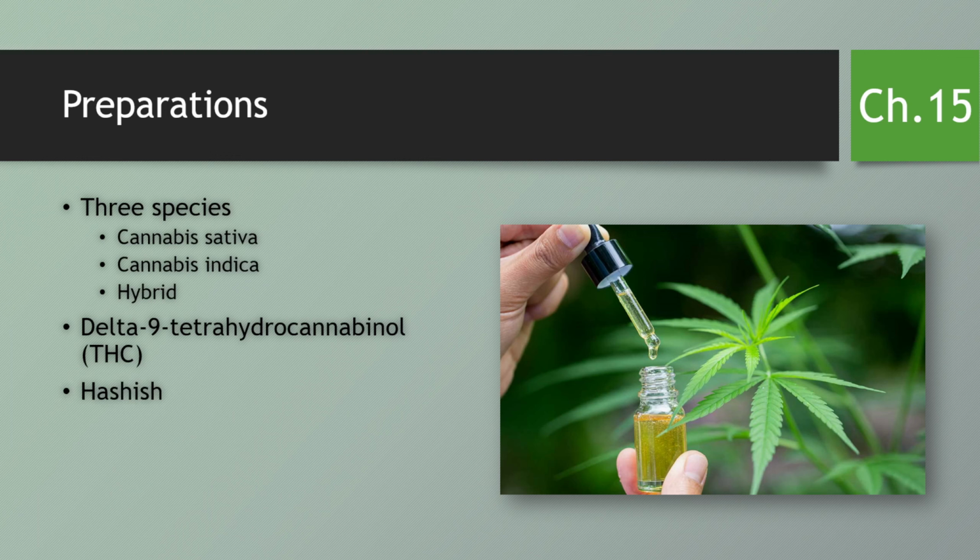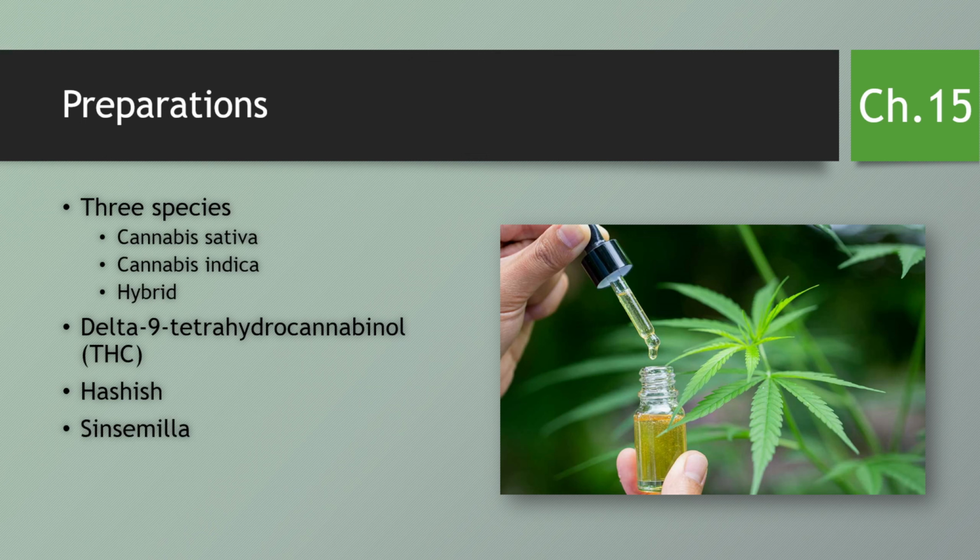Some of the forms we have here are things like hashish, which is a potent preparation of that resin, compressed down into an almost chocolatey-like substance that has a pretty high potency of THC.